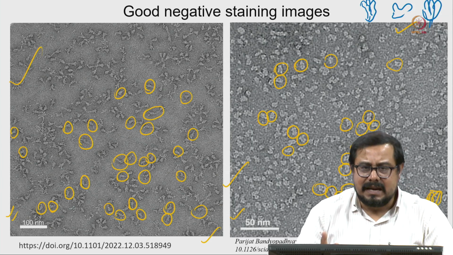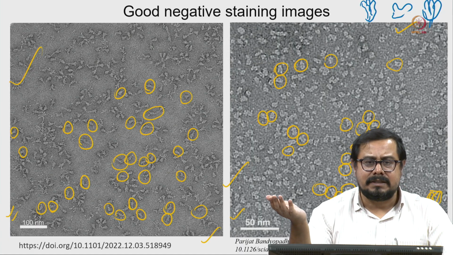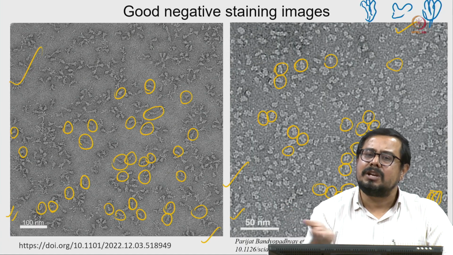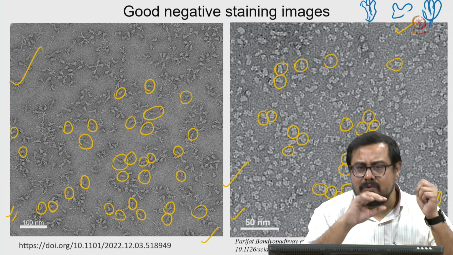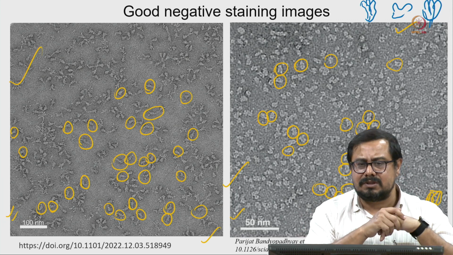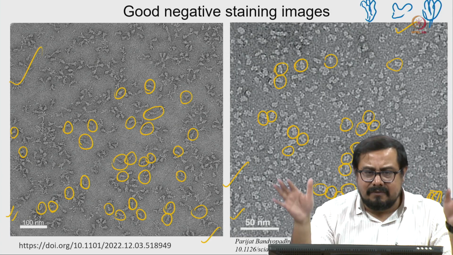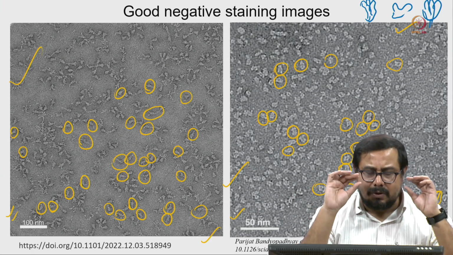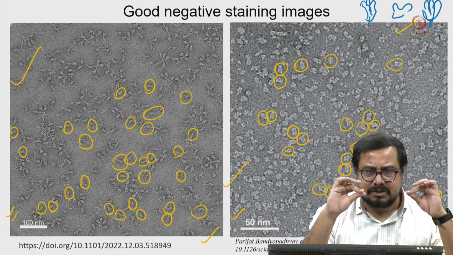Because of the technique itself, we prepare our grids and keep them in dry condition or in a desiccator, and when the sample is completely dried, we insert it inside the microscope, where it is under high vacuum and the sample is in a dry condition. So, definitely the sample will be collapsed.